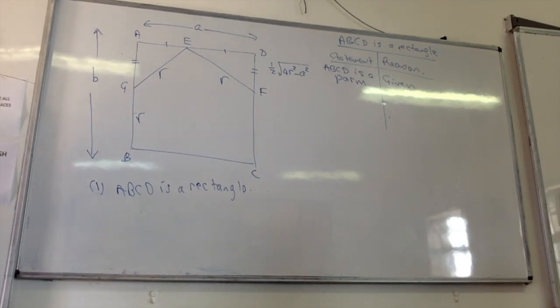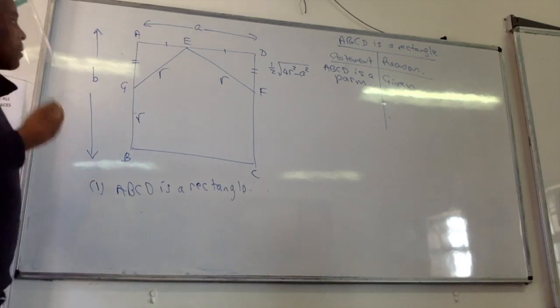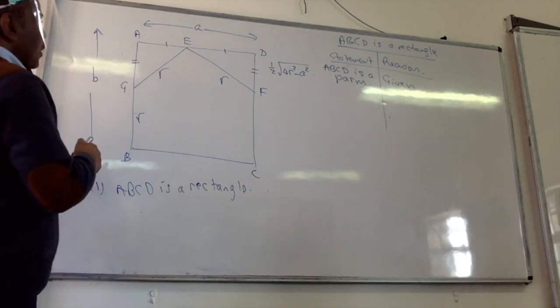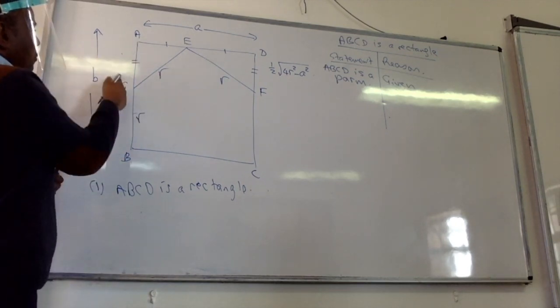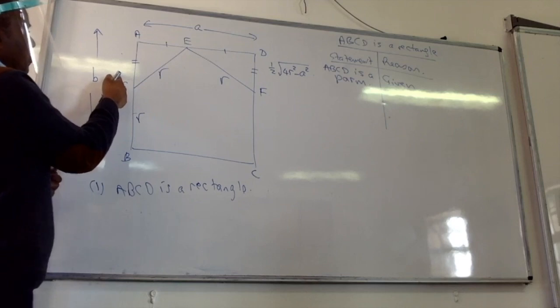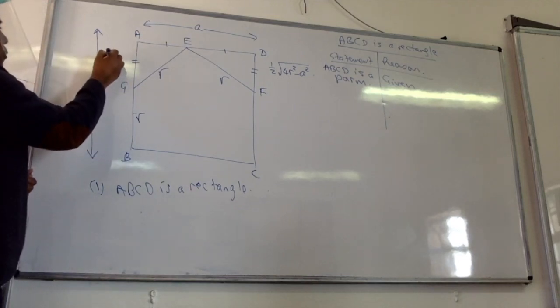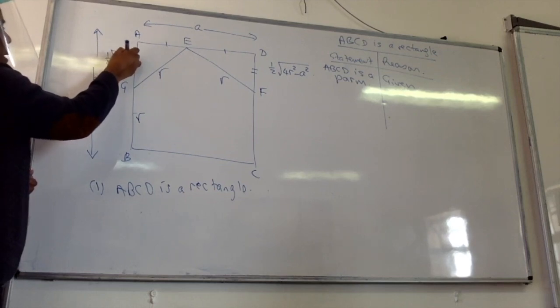Which angle do you want to target? Maybe angle A. Can we show that angle A is 90 degrees? Remember this is r. What is this equal to? This is half of the square root of 4r squared minus a squared.